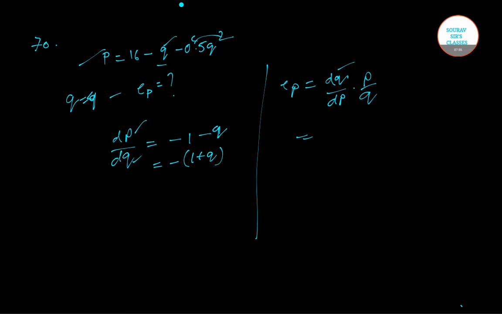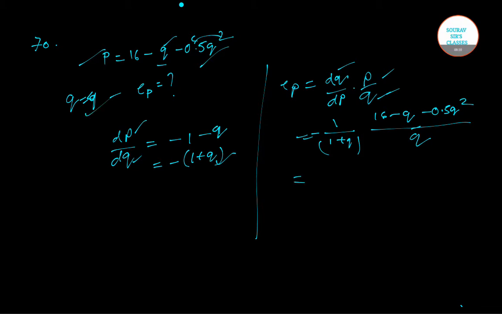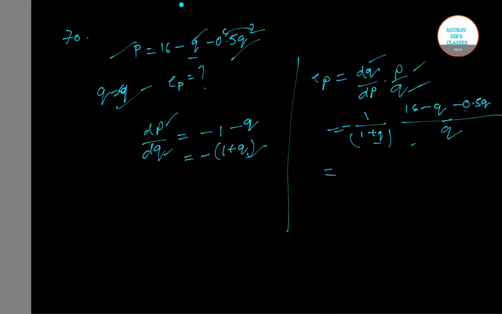Now we know dq by dp will be the inverse of this, which is -1 plus q, and p by q will be p, as you know this is the p, 16 minus q minus 0.5 q square, and q we write here. Now at q equals 4, what will be the price elasticity of demand? For this, we'll simply put the value of q here, here and here.